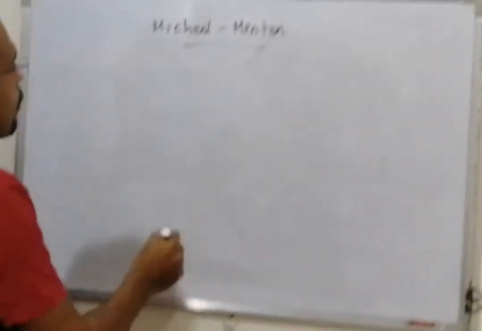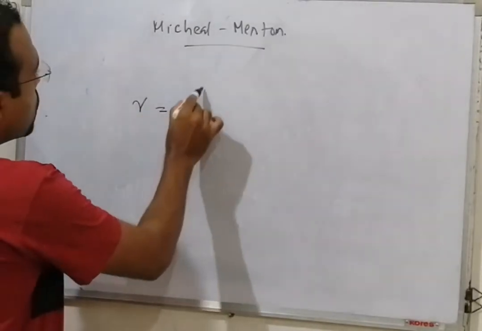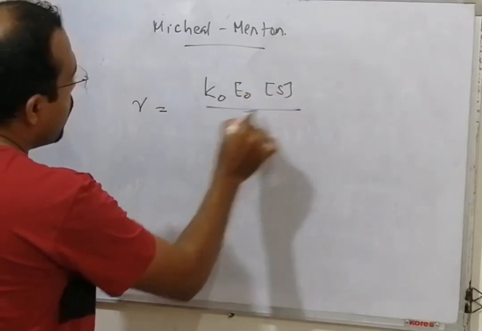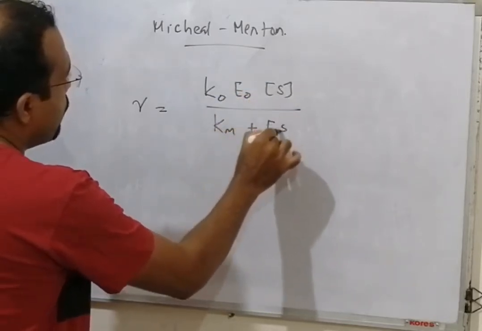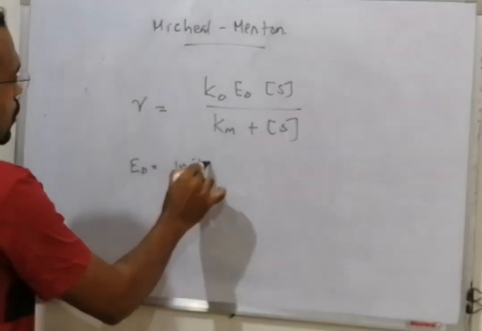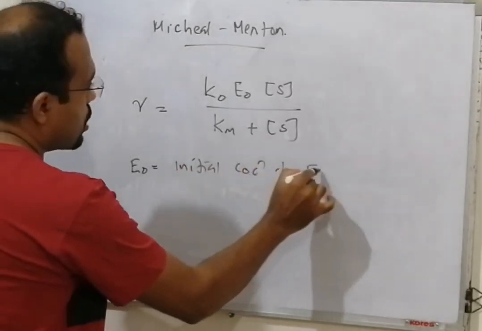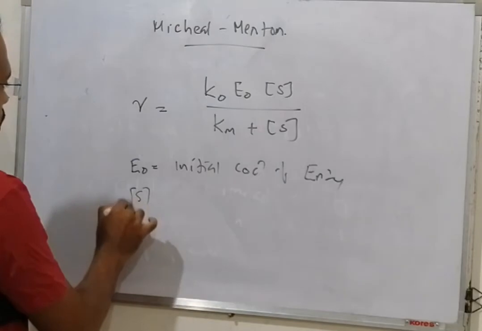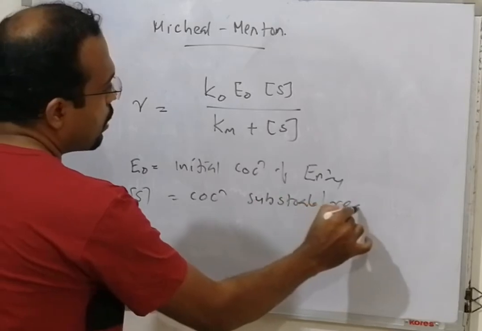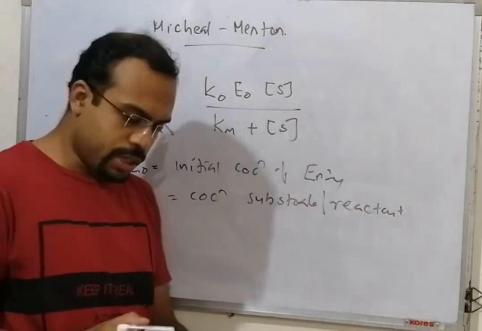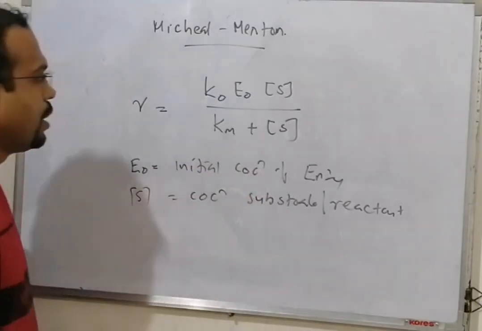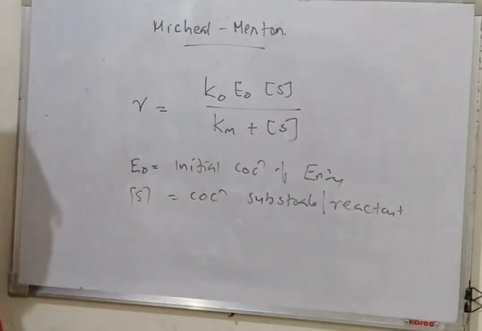Rate of an enzyme catalysis is equal to K0 into E0 into concentration of substrate divided by Km plus concentration of substrate, where E0 is the initial concentration of enzyme. That's a constant. S is the concentration of substrate. Substrate means reactant, the reactant which reacts with this enzyme. Km is called the Michaelis-Menten constant.